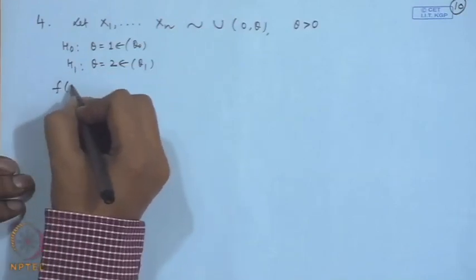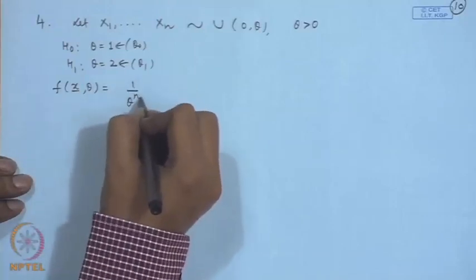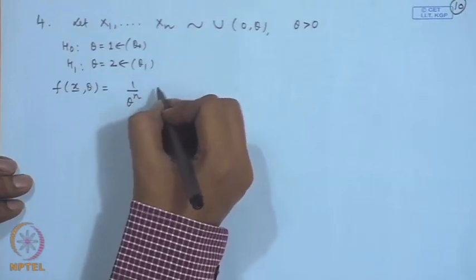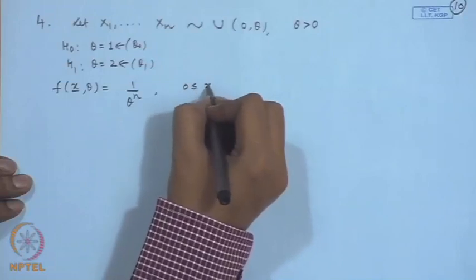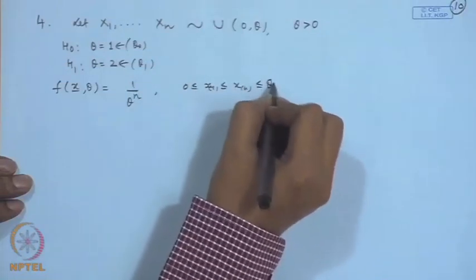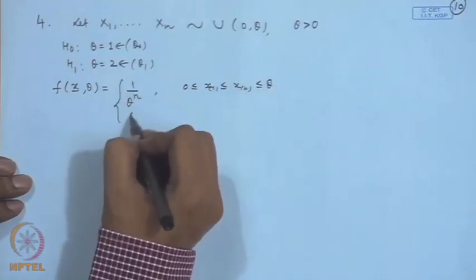So, the joint distribution is 1 by theta to the power n, and here the range of the variables is from 0 to theta. So, we write it in this particular form.